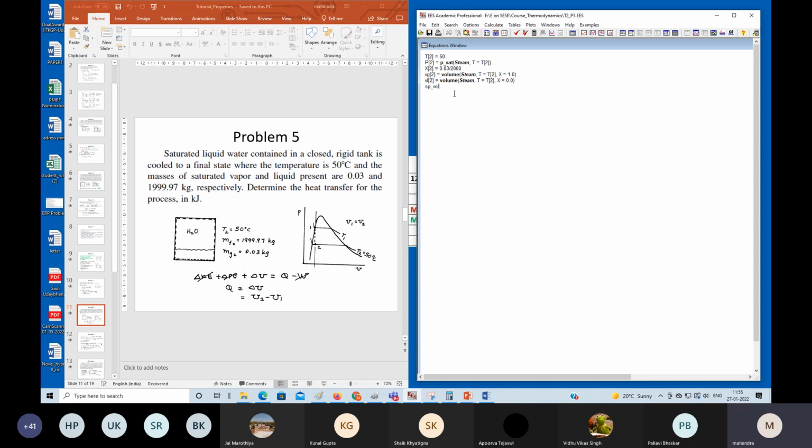Specific volume of 2 equal to VL of 2 plus x2 multiplying Vg of 2 minus VL of 2.